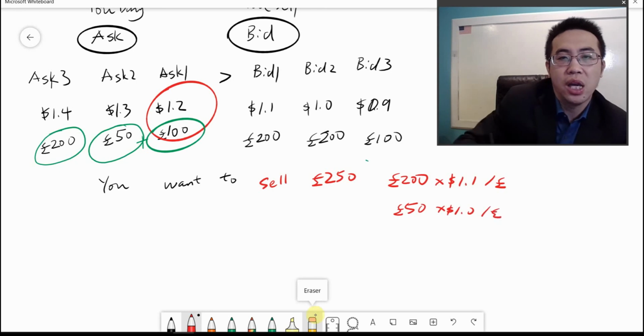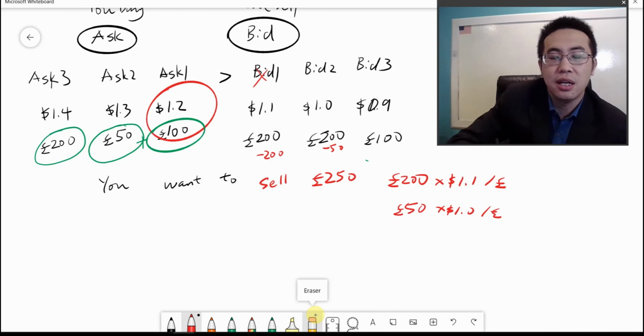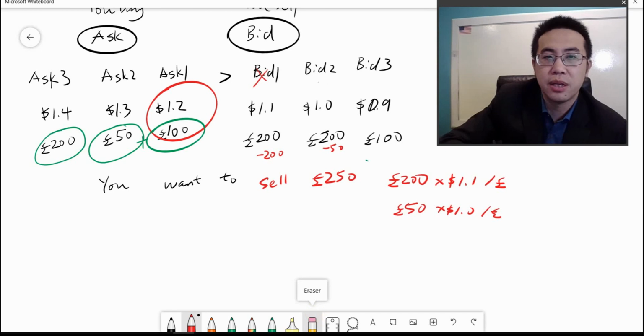So after this trade, the second banker's inventory will be reduced by 50, and the first banker's inventory will be reduced by 200, and this one is gone. Sorry, the second best price just becomes the best price in the market.